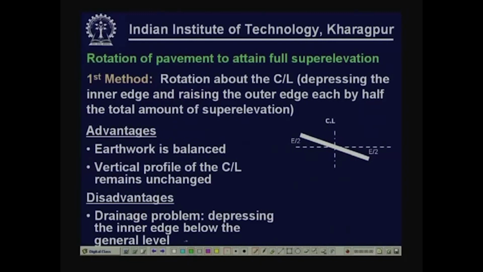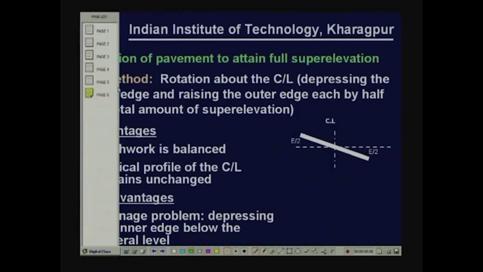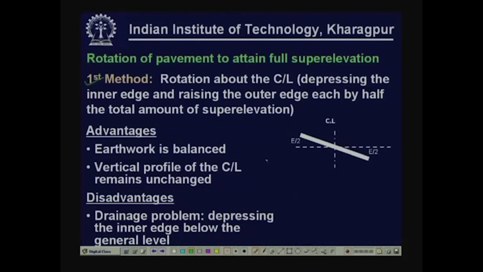In method 1, that is the first method, rotation is about the center line. That means, say we have uniform slope like this.